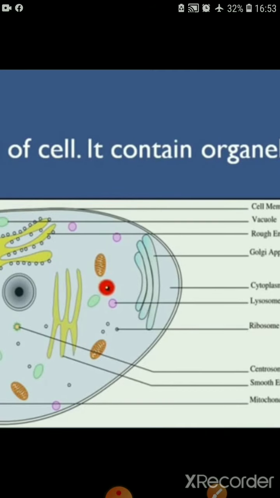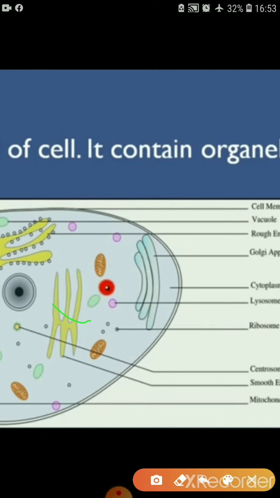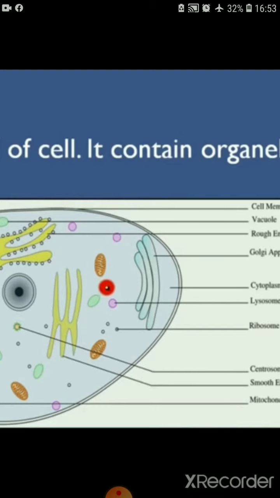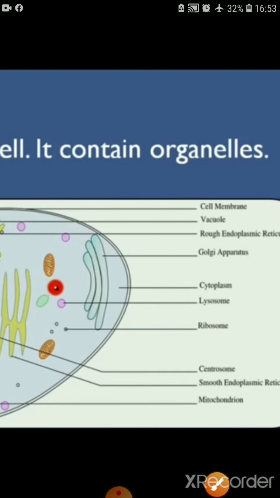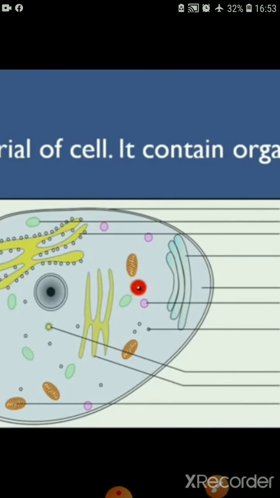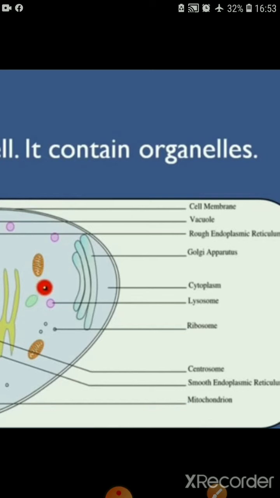And this yellow body again, but this body does not have black segments like this, isn't it? Such a body is called smooth endoplasmic reticulum. What is the difference between rough and smooth endoplasmic reticulum?